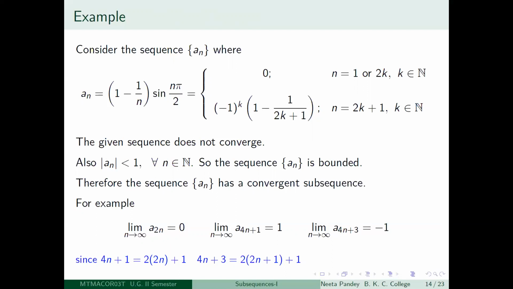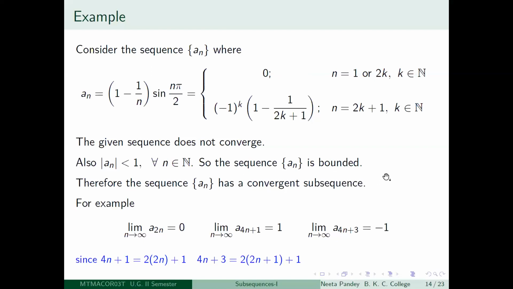Therefore the terms of the sequence lie in the open interval minus 1 to 1 actually, because the modulus of this will be less than or equal to 1 minus 1 by n, which is always less than 1, except for the first one. So maybe I should have written less than or equal to, or I should have written for all positive integers n greater than or equal to 2. So the sequence is bounded.